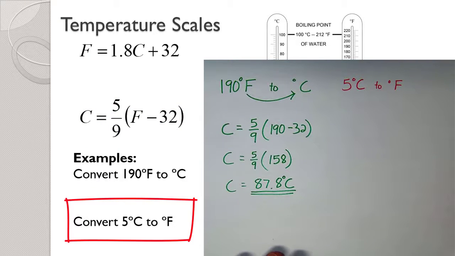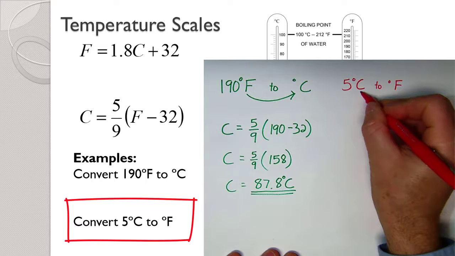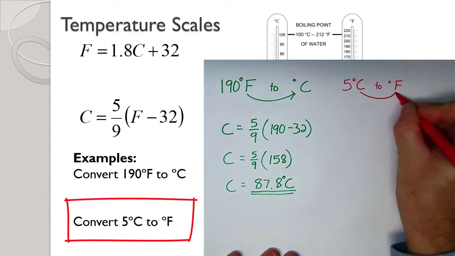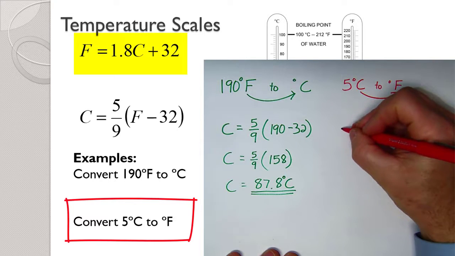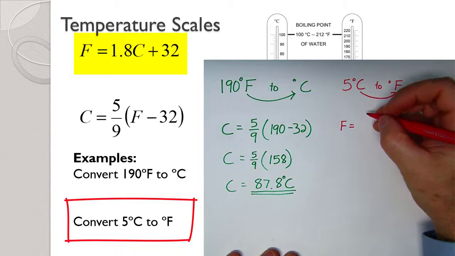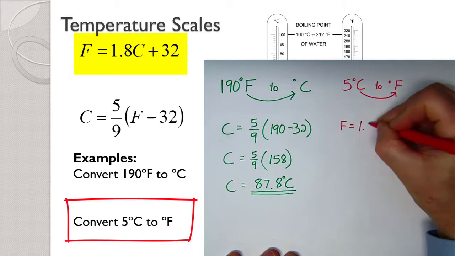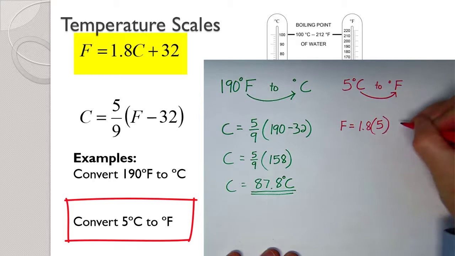Our other one, let's convert 5 degrees Celsius to degrees Fahrenheit. Well, this time we're starting with C, we know that, and we want to find F. And so we're going to have to use this formula where we'll be told our Fahrenheit value if we know our Celsius value. So we're going to take 1.8 times our Celsius value, in this case that is 5, and then we add on 32.